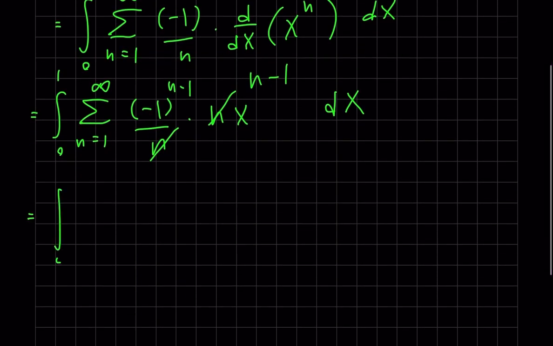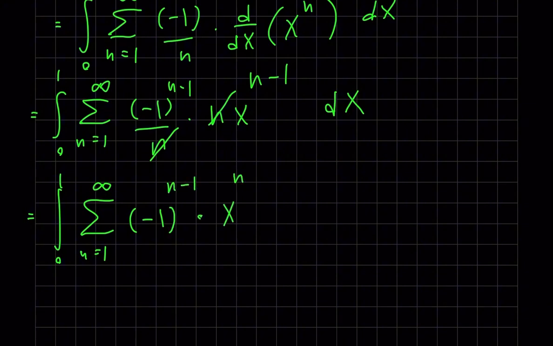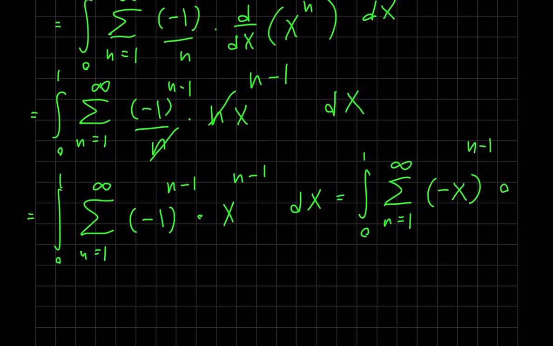We're left with the integral from 0 to 1 of the sum from 1 to infinity of (-1) raised to the n minus 1 times x to the n minus 1 power dx. But we can rewrite this as the integral from 0 to 1 of the sum from 1 to infinity of (-x)^(n-1) dx.